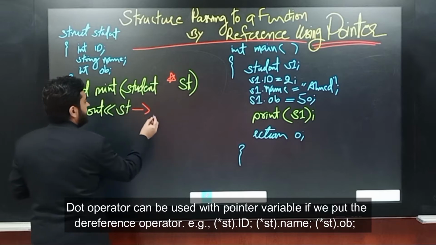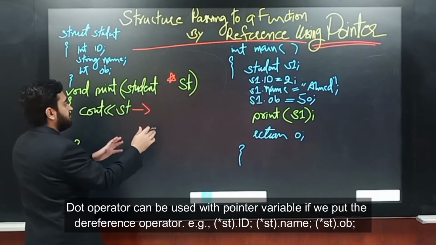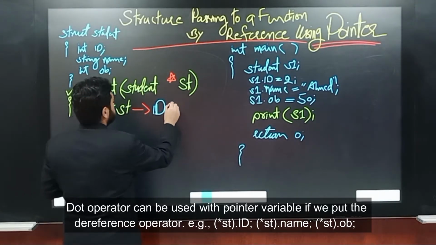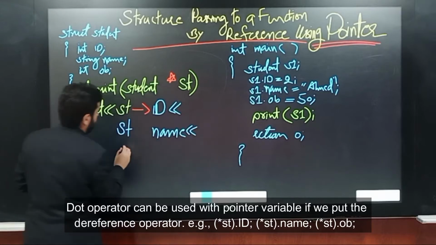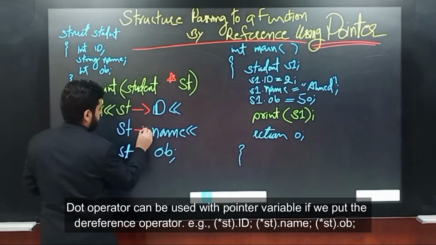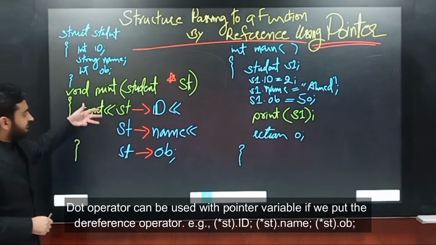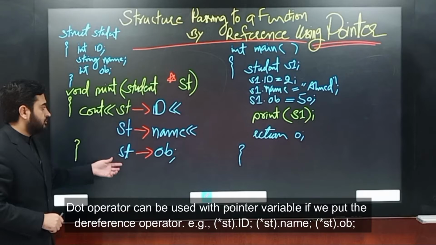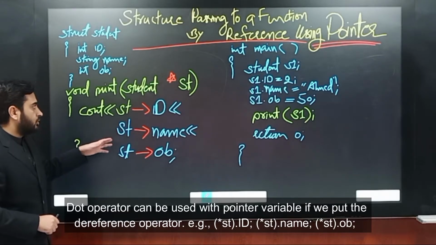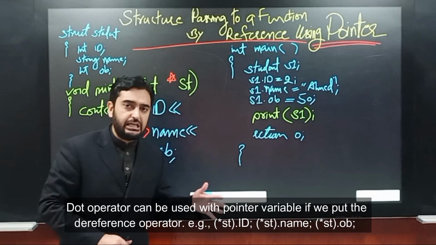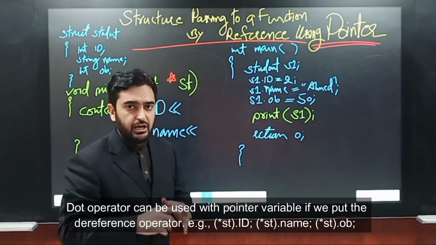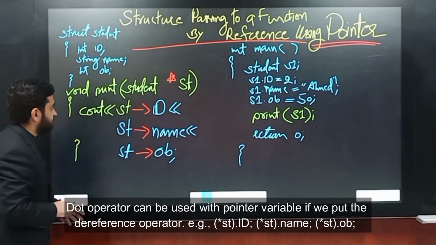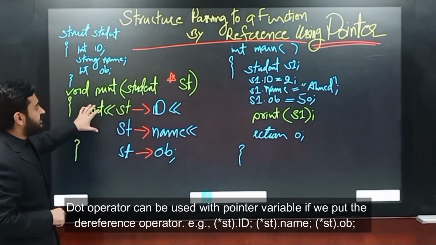So st and then the name of the data member. Here you can see we have accessed the three data members of the st object through the arrow operator. Whenever you use a pointer for the structure, you shall use the arrow operator, the dash and the greater sign, to access the data members of the structure. This way we can print the values.